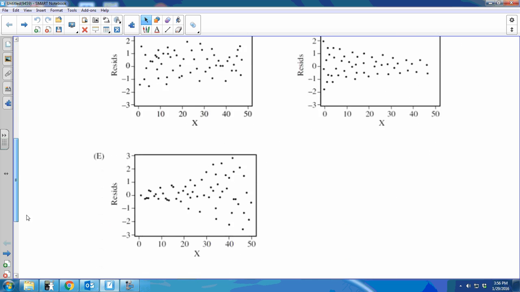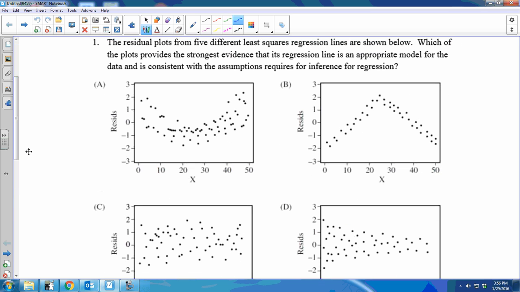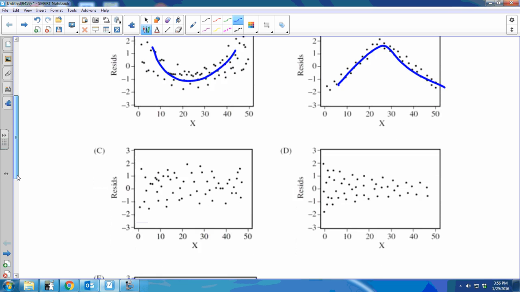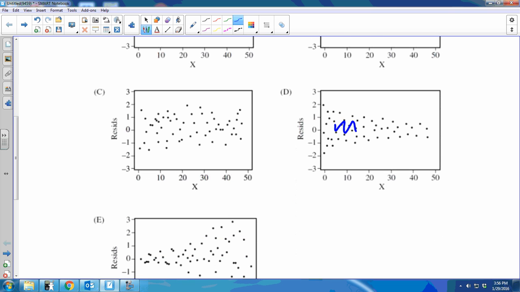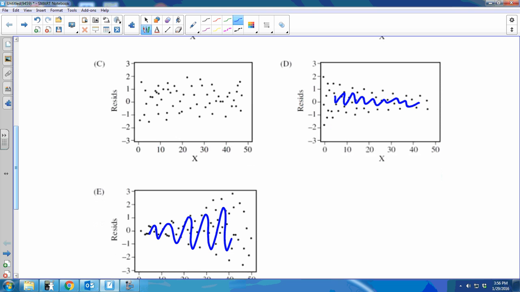So if you're looking at these choices, here we have this U shape, here we have an upside down V. This one looks like it's getting smaller. This one's getting larger. So C is the only one that has random scatter. Again, you want to see random scatter, so the correct answer is C.